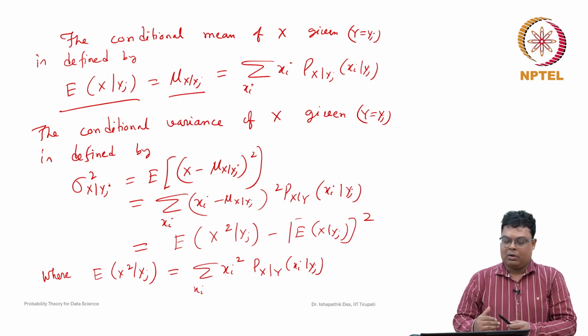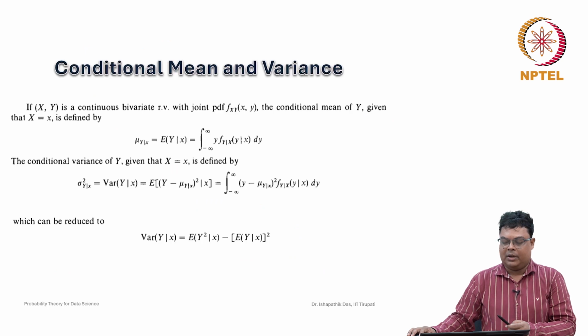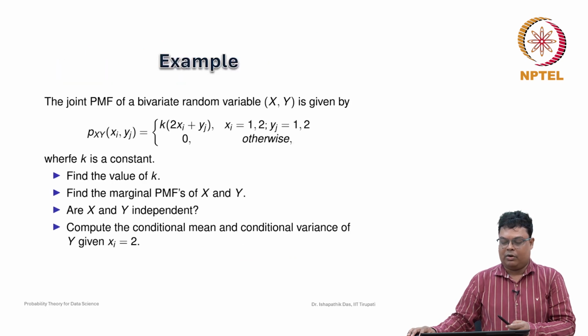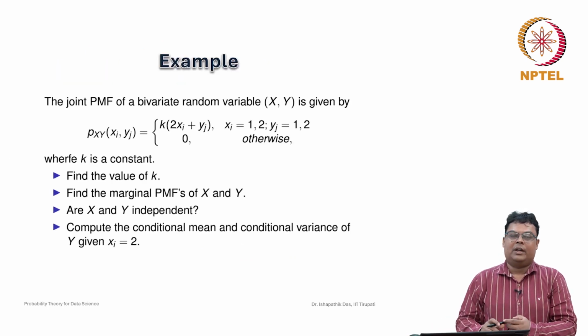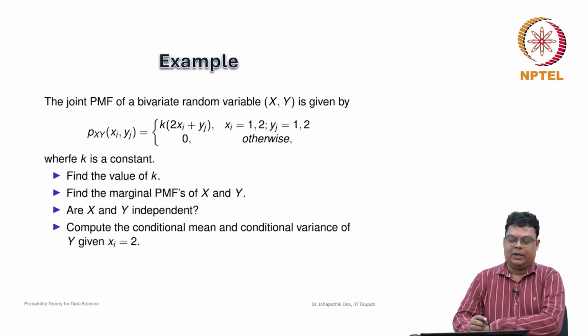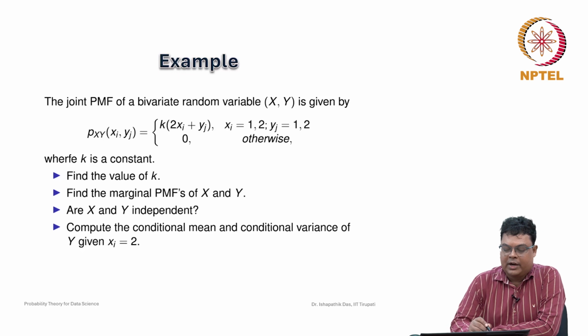Now for more clarification, to clearly understand it, we need to do some numerical example. Let us do one numerical example. So before going to the continuous cases, let us complete this by discussing one numerical example. Here it is given that the joint probability mass function of a bivariate random variable xy is given by p of xy, xi yj, is k into 2xi plus yj.